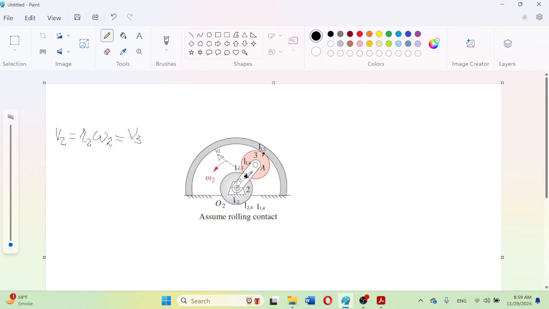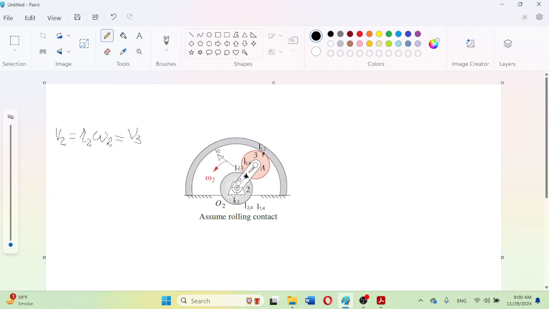The effective radius is about this instant center, because the center of rotation must have zero velocity for the calculation of angular velocities for links in complex motion. So this point is in pure rotation about this instant center I1,3.